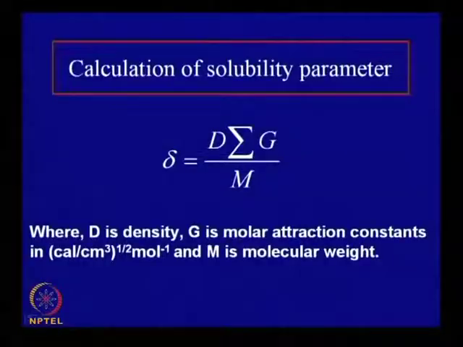It is unknown to you, but being a polymer scientist, if you know the repeat unit formula of that polymer, then you can easily calculate the solubility parameter of that particular polymer from this equation, from this relation. You calculate the solubility parameter for the polymer, then you see what solvent should be suitable for dissolution of this polymer, or what would be a good solvent for this polymer.